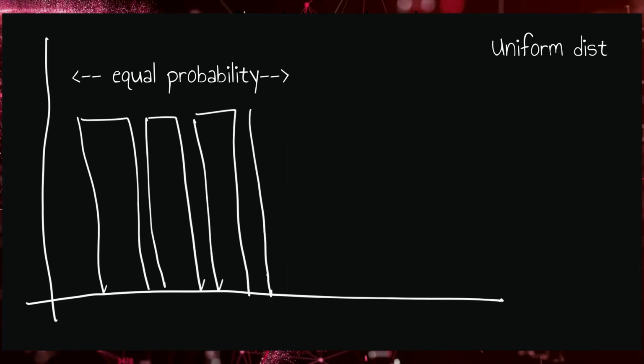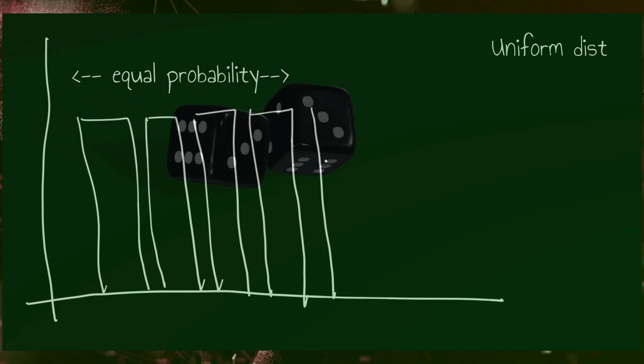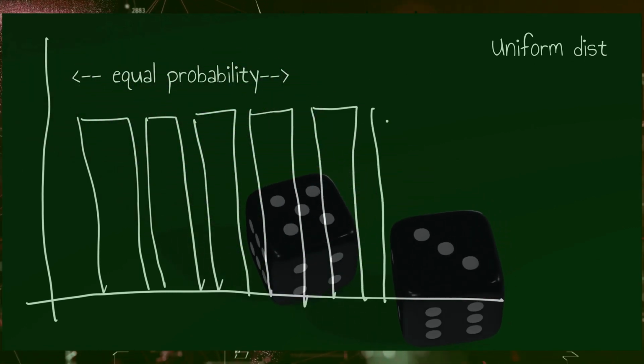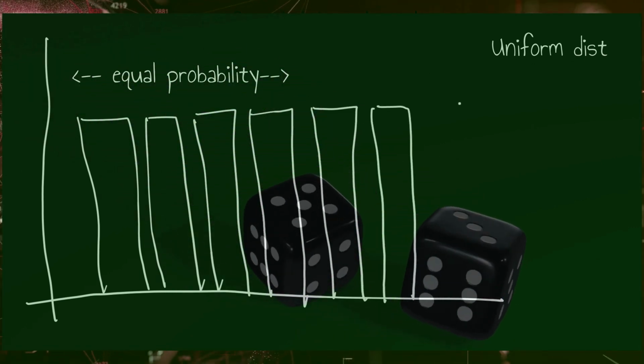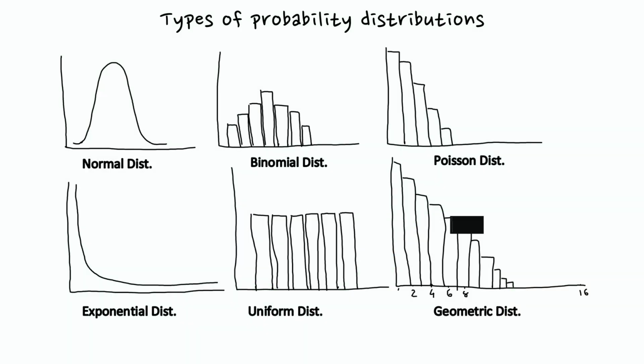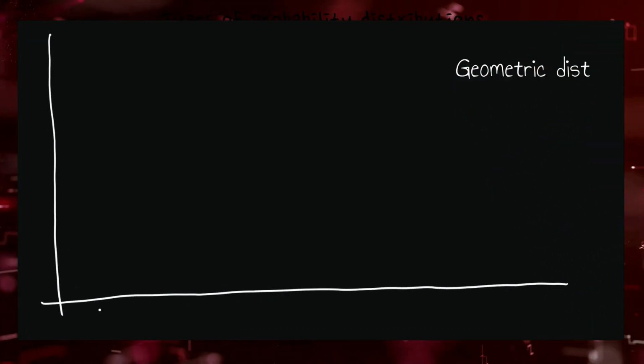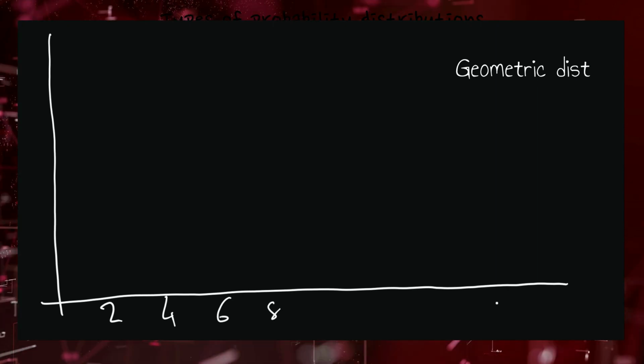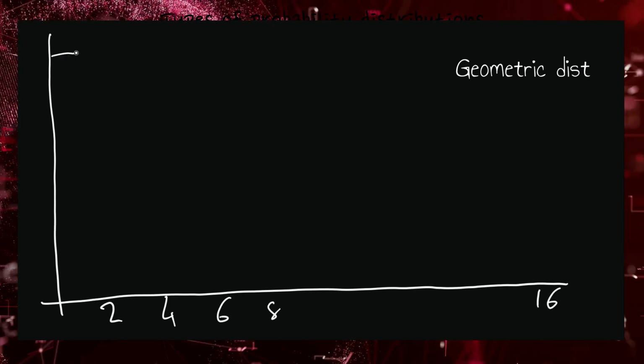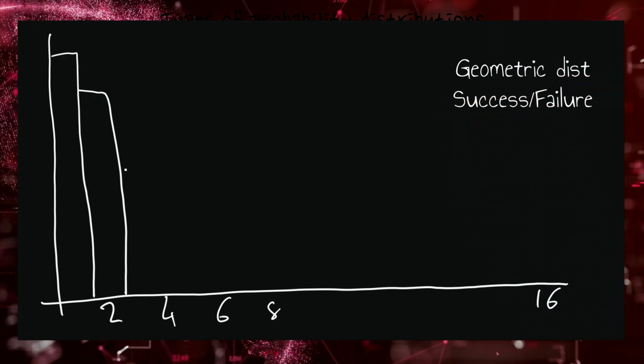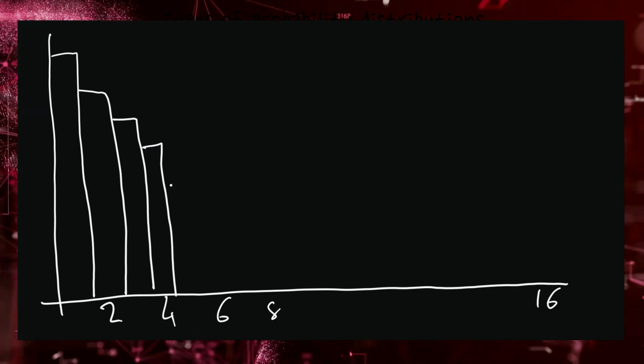For example, the probability of rolling any number from 1 to 6 on a die is uniformly distributed. Geometric distribution. This distribution is used to model the probability of the number of failures before the first success in a series of independent trials.